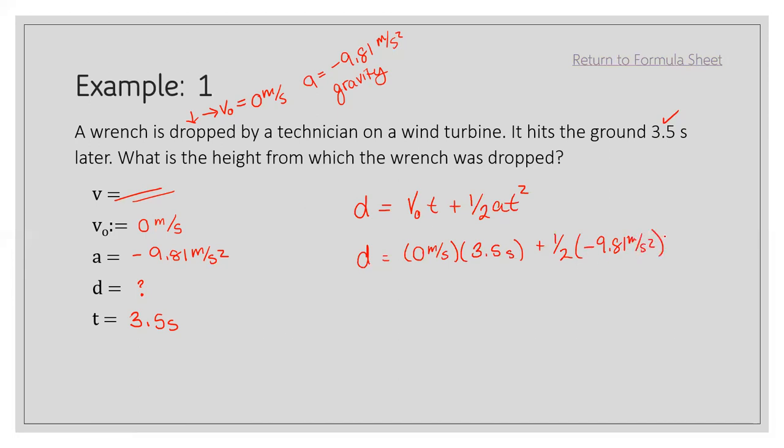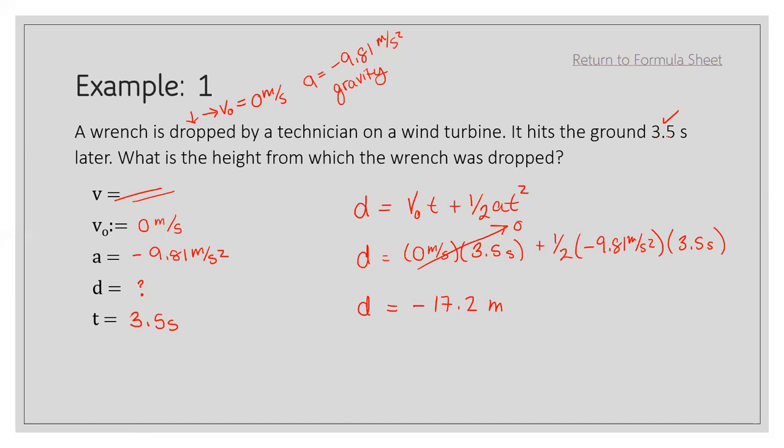That negative sign is really important. And then our time is 3.5 seconds squared. We know this first term is just going to be 0. I don't even have to put that one in the calculator. So we get distance is equal to, plugging all of this in the calculator, I get negative 17.2 meters.